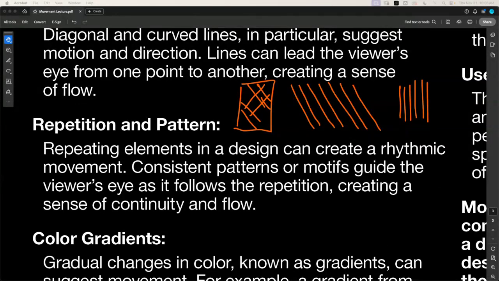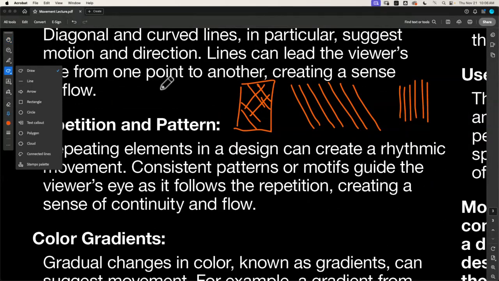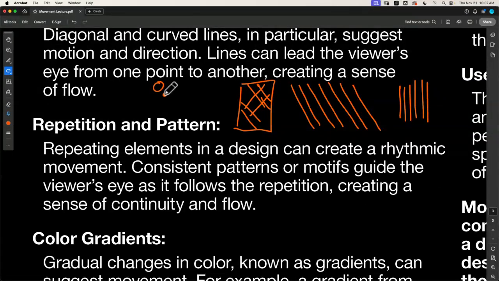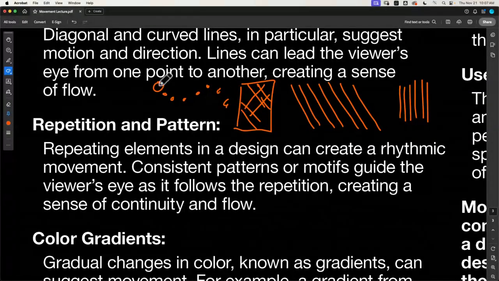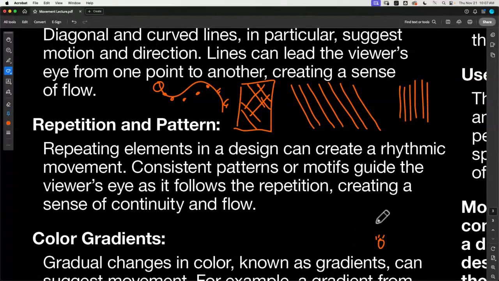Repeating elements show movement. If I have, like, if these were all circles, we want to ask, oh, what's the circle? What's the standard? And then I do one here. You know, like a little footprint.